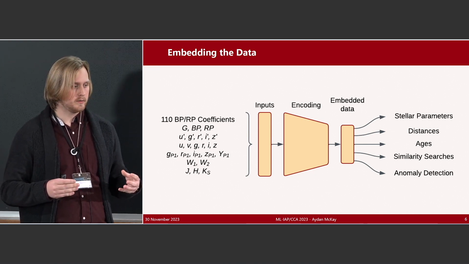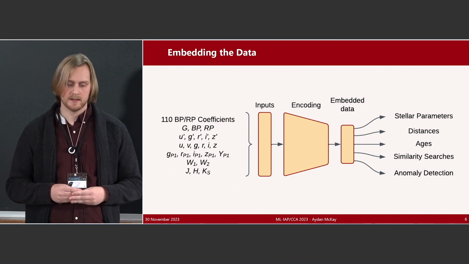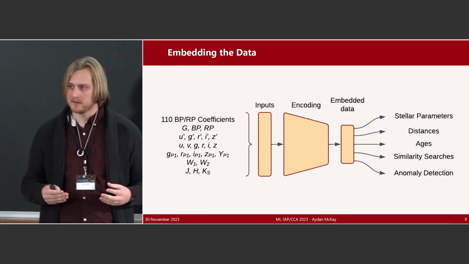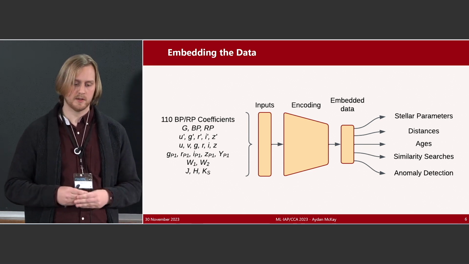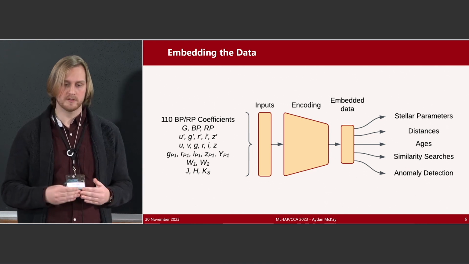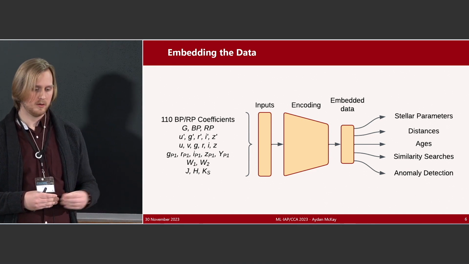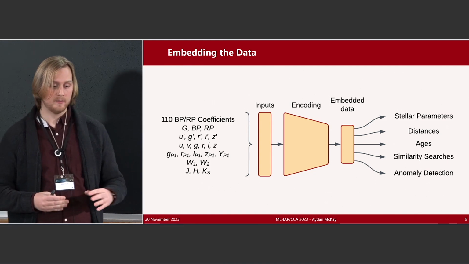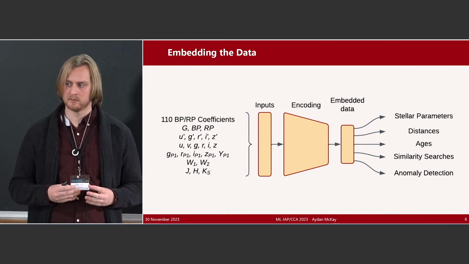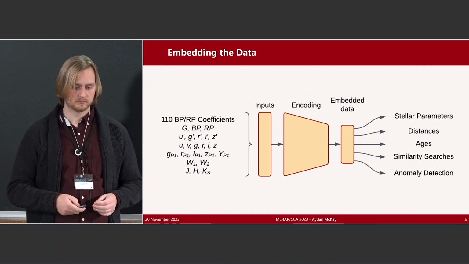But we don't want to do multitask training on this data set. We want to make this model agnostic to any of these downstream tasks, so that we enforce the embedding to be as informative as possible, to really embed all the usable information in these magnitudes.